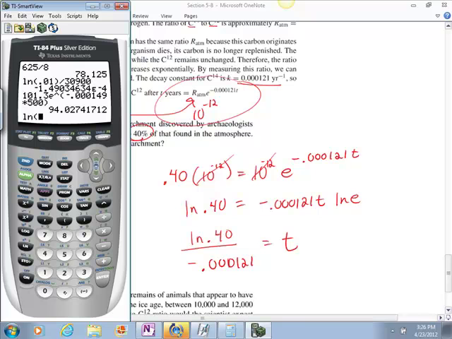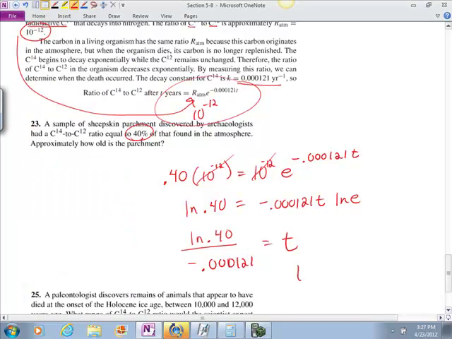So if you do ln 0.40 and divide that by negative 0.000121, you get that it's approximately 7,572 years, maybe 7,572.65.